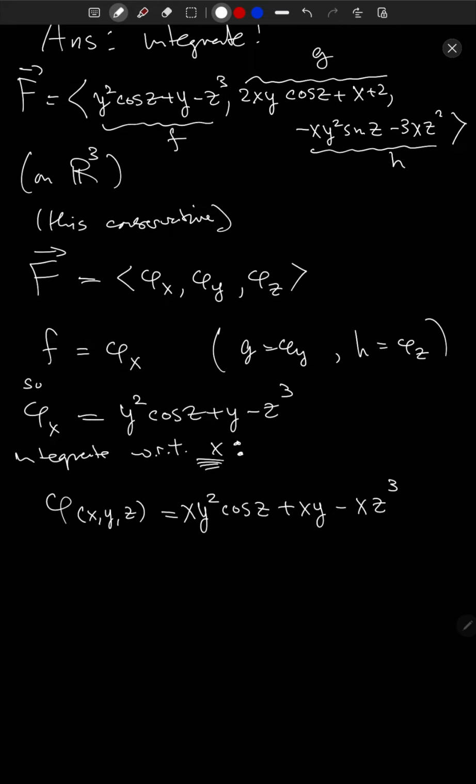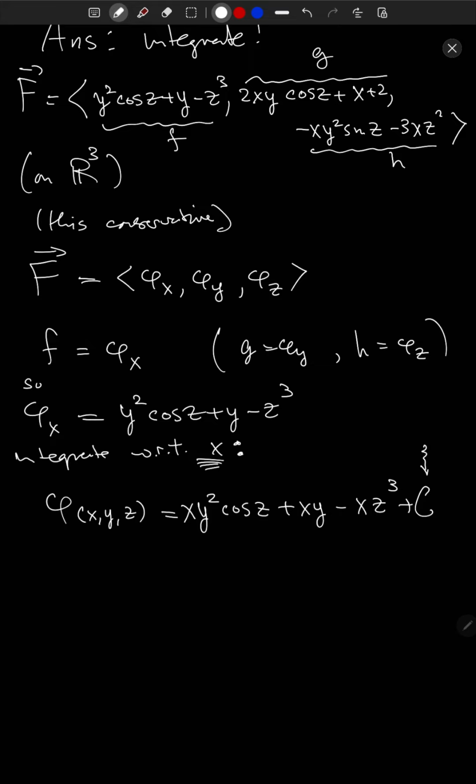But that's not it. Remember, when you integrate, you always have to pop out a constant. So this is plus a constant. But not just a constant as in 1 or 3 or 7. When we're integrating with respect to x, we're thinking of y and z as constants. So this constant here is allowed to depend on y and z.